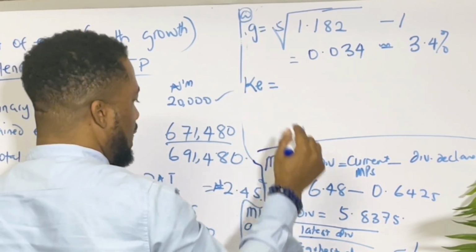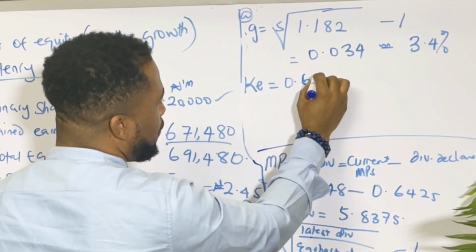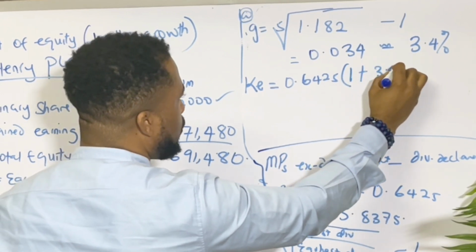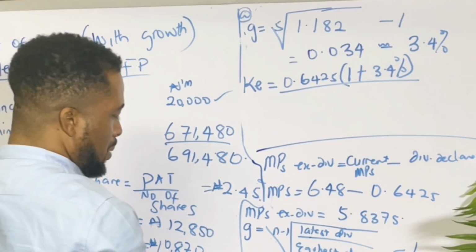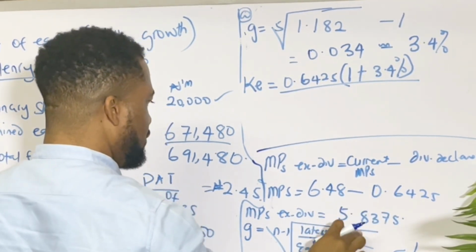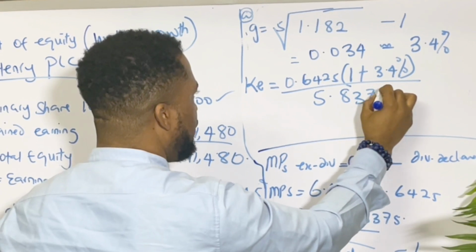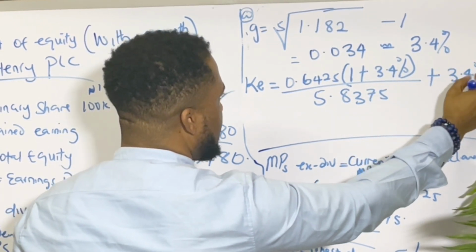Now that I have my growth rate, I can simply calculate my KE. KE equals, my dividend now is 0.6425 into 1 plus 3.4%, divided by the market price ex div, which is 5.8375, then plus my growth 3.4%.